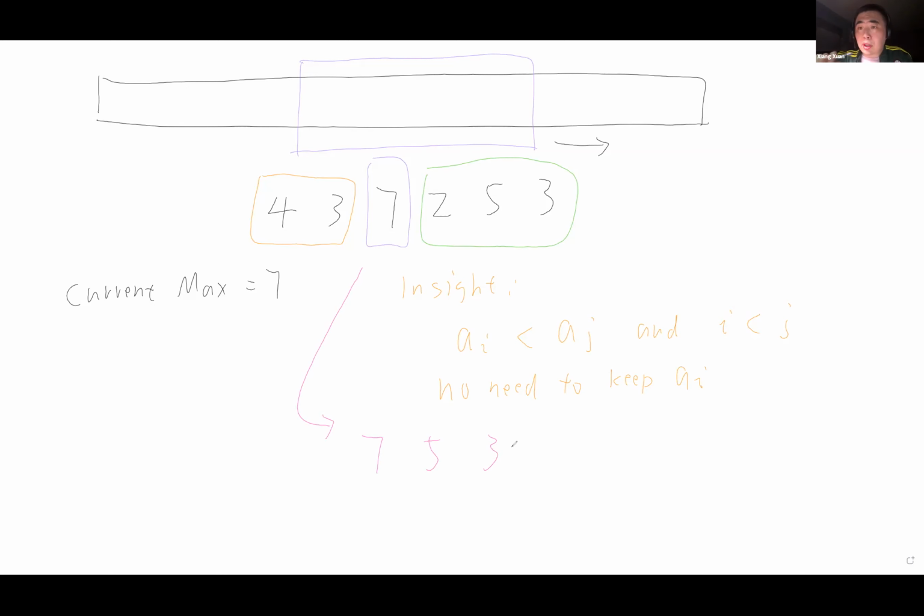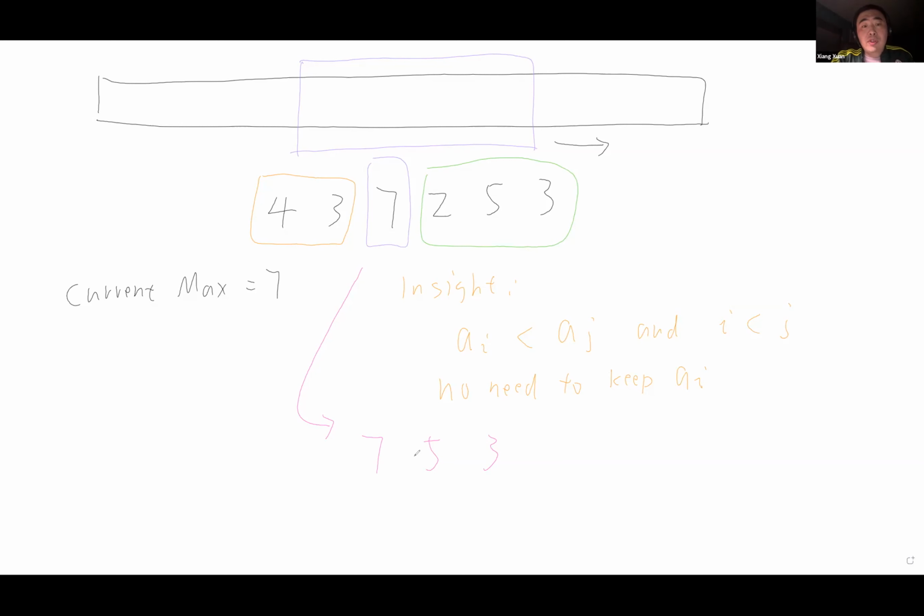some ordering. Essentially, in this particular case, because we are looking at the maximum, they are following a non-increasing order. But you can do the same thing for the minimum.